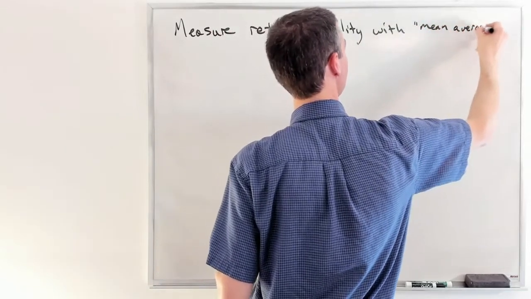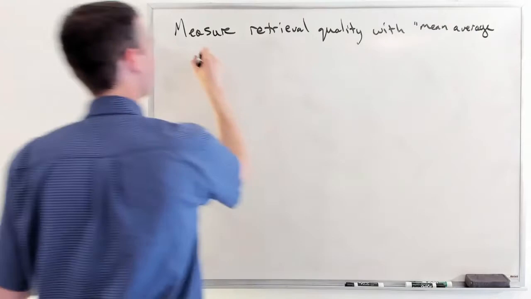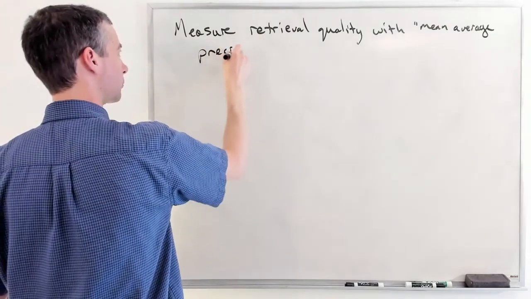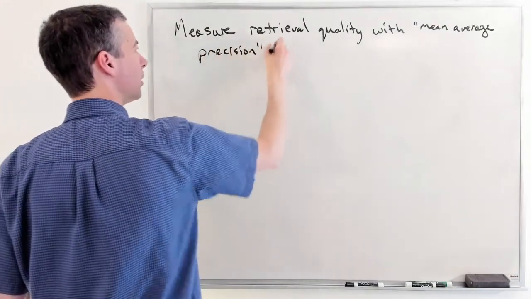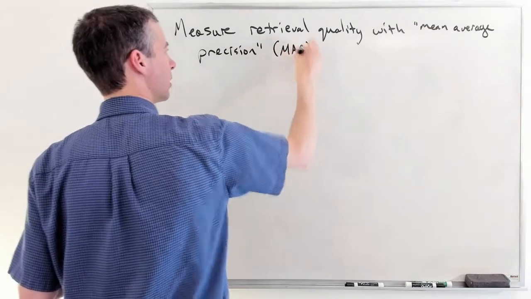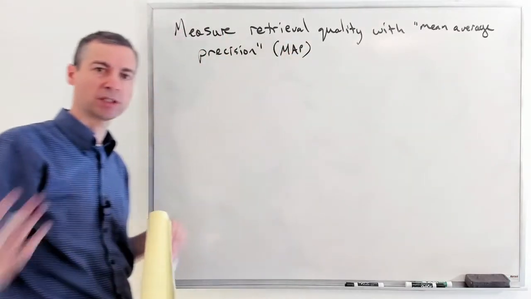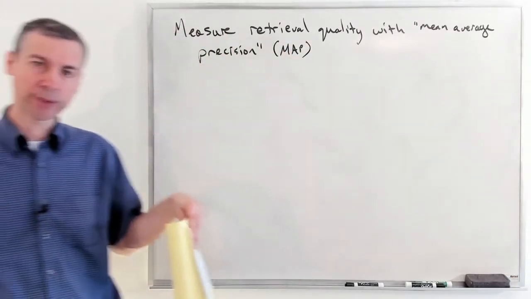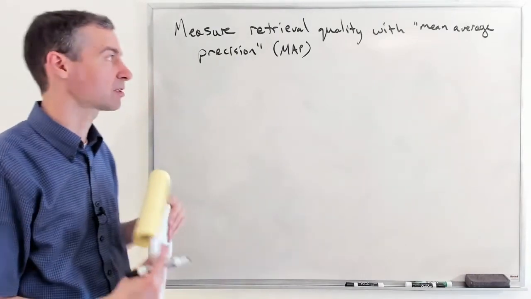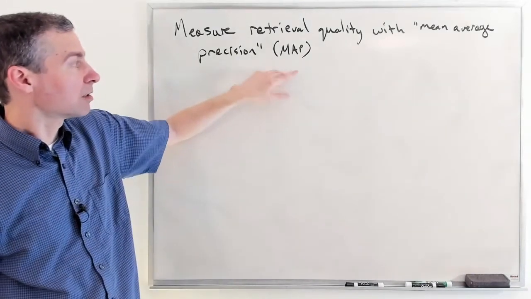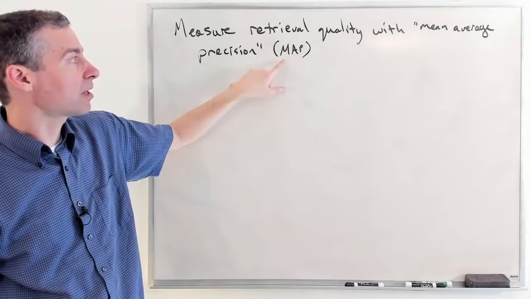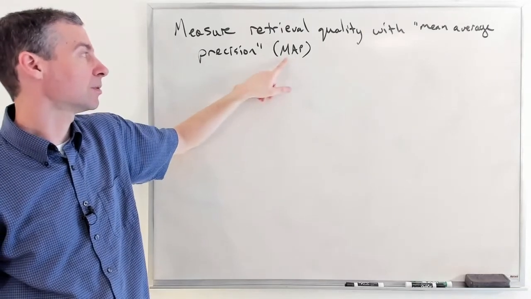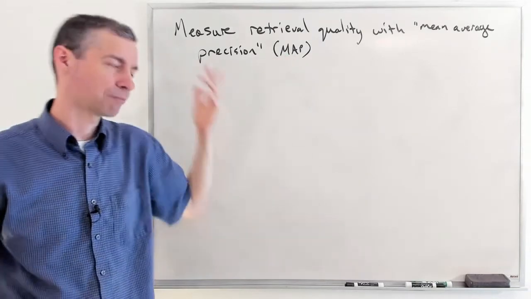The measure itself is average precision. The mean part is that they are averaging it over all of the test queries, the test topics in their test collection. And because it's kind of strange to say average precision, we say mean average precision, or MAP.